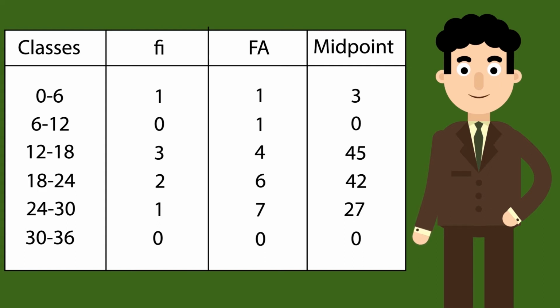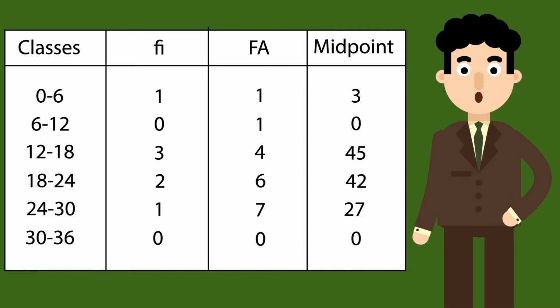For example, we have 0 and 6 in the range, so we sum them: 0 plus 6 equals 6. Divided by 2, it equals 3. And then multiply by the frequency: 3 times 1 equals 3. That's the midpoint of that class.